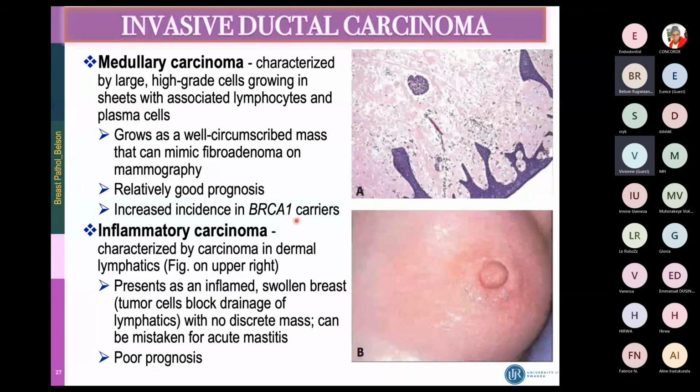So inflammatory breast cancer characterized by carcinoma in dermal lymphatics. So ahangaha murabona iyi ni lymphatic. Murabona ko harimo akabumbe ka epithelial cells zisa n'izi zo kuri skin. These are normal cells in the skin, so we should not have epithelial cells inside there. Here they are there and they are within a lymphatic.